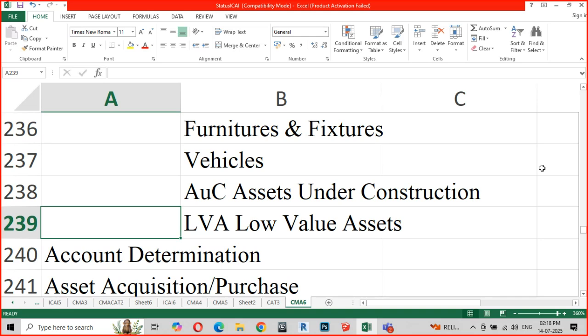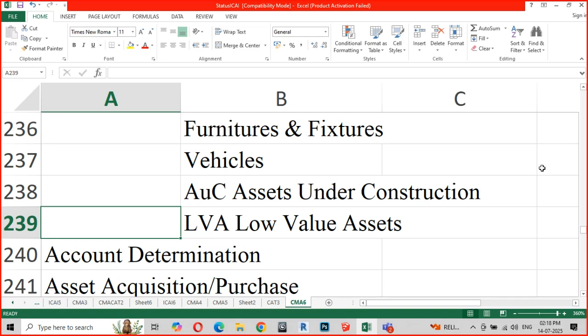So under a specific value, they need not have to be depreciated. Clear? They need not have to be depreciated in the financial year.